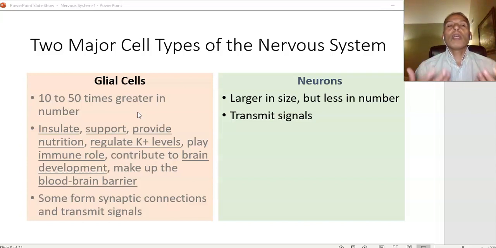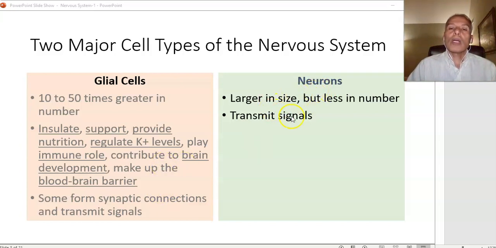They make the immune system of the nervous system inside of the brain and the spinal cord. They also contribute to brain development in many different ways. One kind of glial cell makes up the blood-brain barrier. Just a small fraction of glial cells are able to transmit signals. However, collectively, for the most part, they do not.